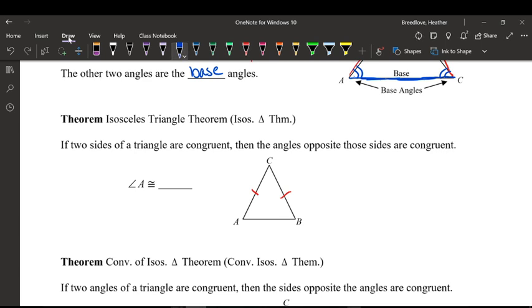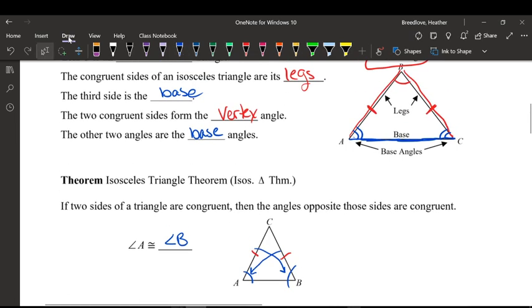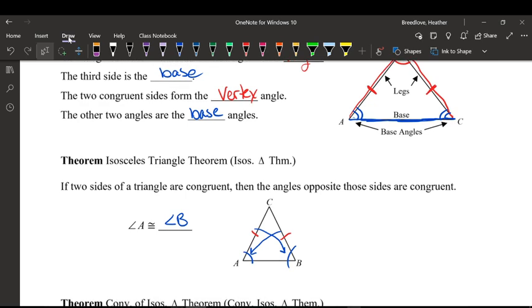So from the side CB, across from CB would be angle A, and across from CA would be angle B. So angle A is congruent to angle B. The base angles are congruent because they are across from the congruent sides. And that's the same thing I marked up here in the first diagram.